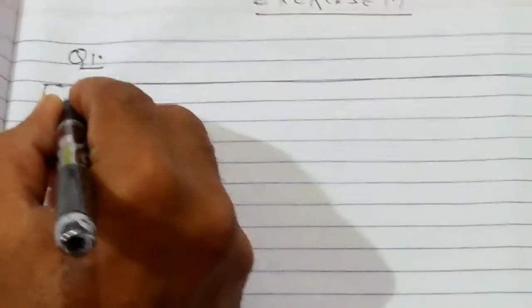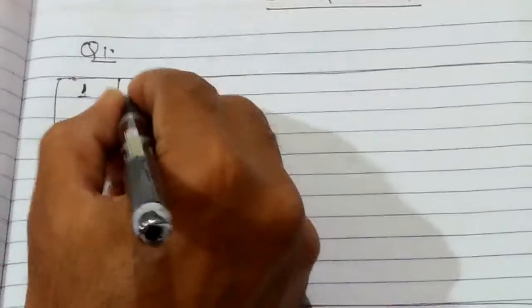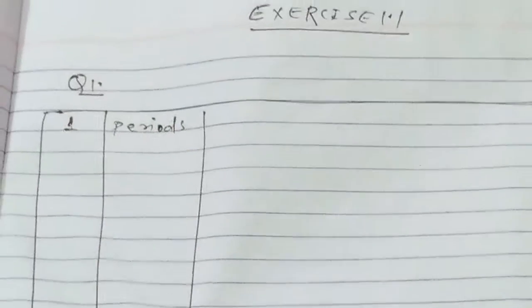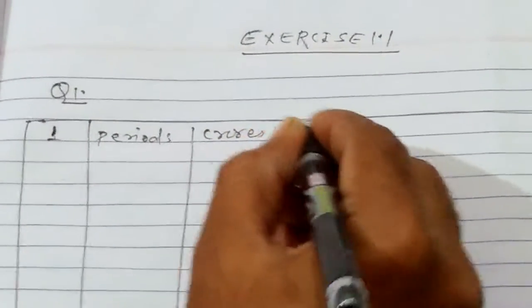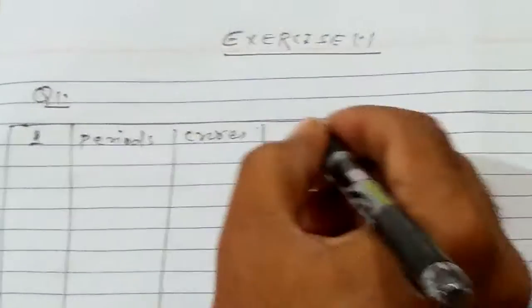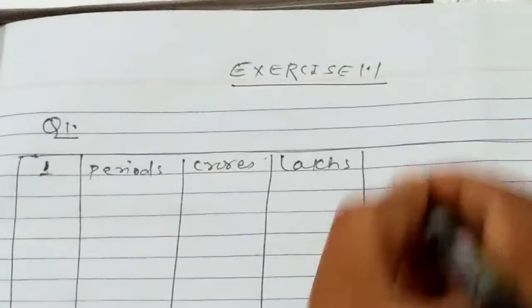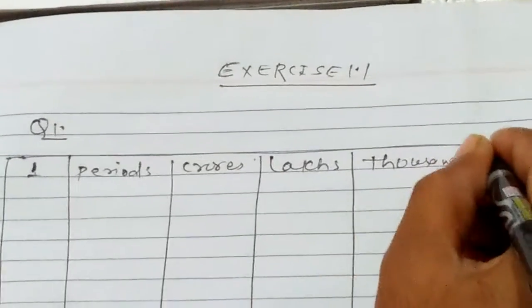Hence we have to write periods. Here crores, here lakhs, here thousands, and here ones.